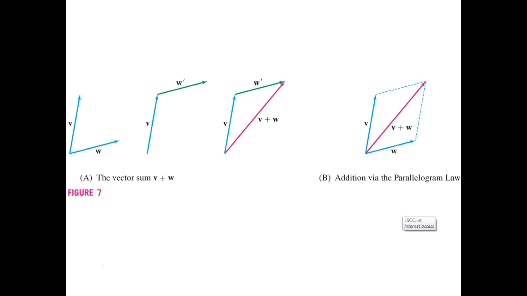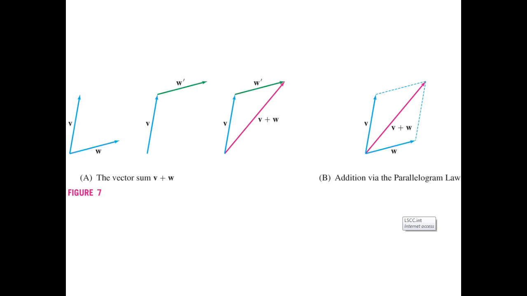Now, when you're adding two vectors, V and W, this is not the easy way to do it, but it certainly works. V plus W: you start with V and then translate W so that the base point of W is at the terminal point of V, which puts it up here.